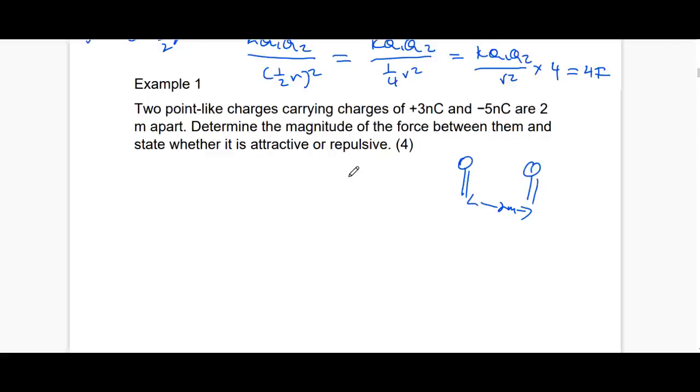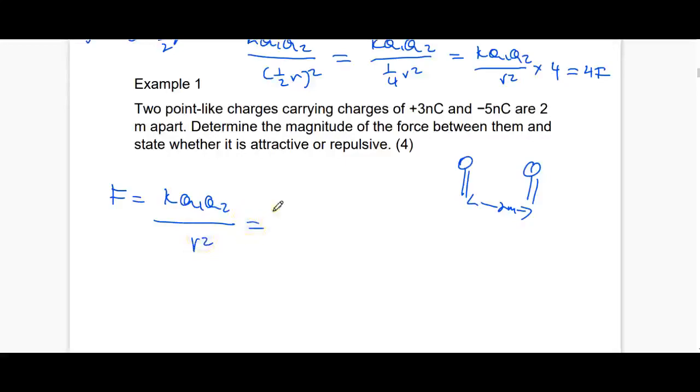So what do we do now? What are we going to use? We are going to use Coulomb's law. What does Coulomb's law say? F is equal to k q1 q2 divided by r squared.